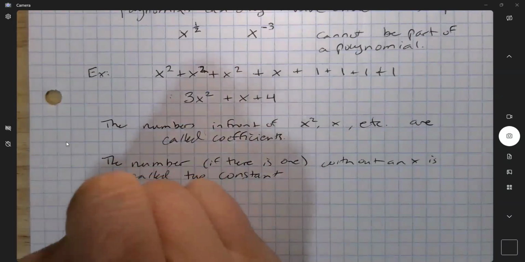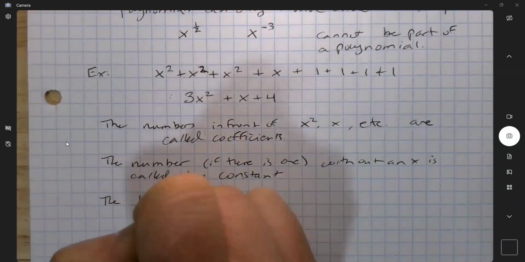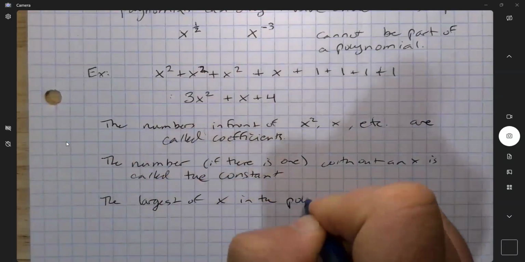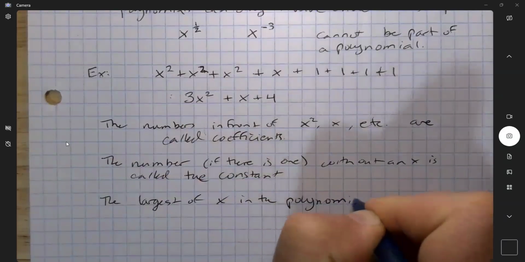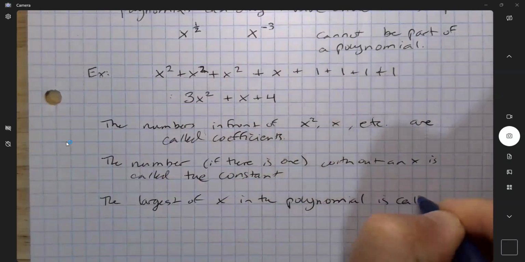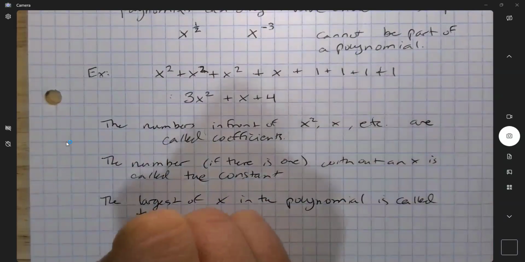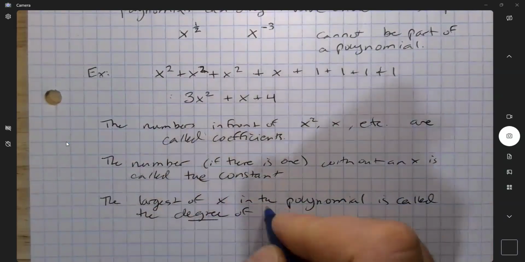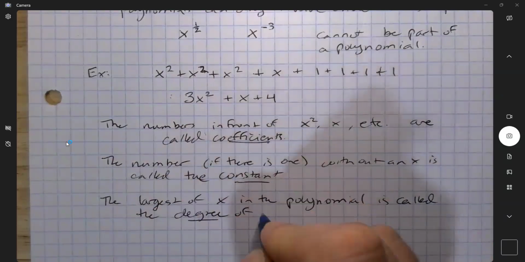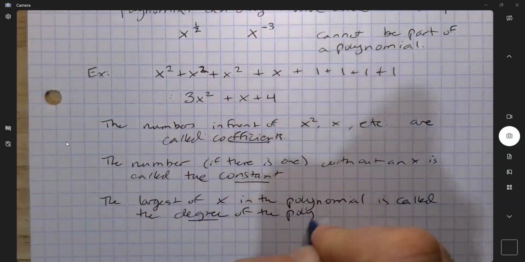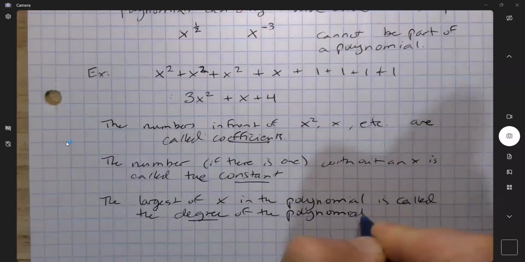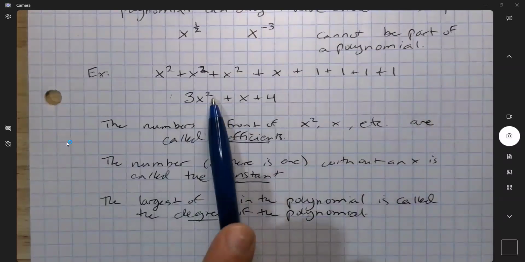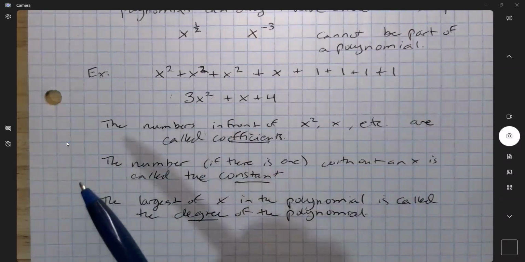The largest power of x in the polynomial is called the degree of the polynomial. And the degree is an important characteristic of a polynomial, which is why we give it a special name.